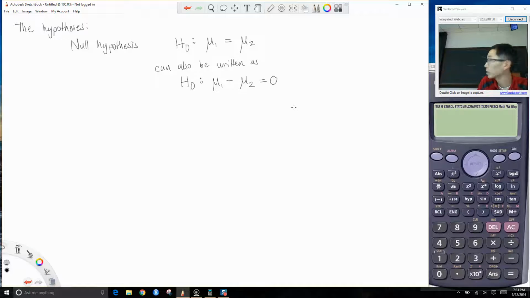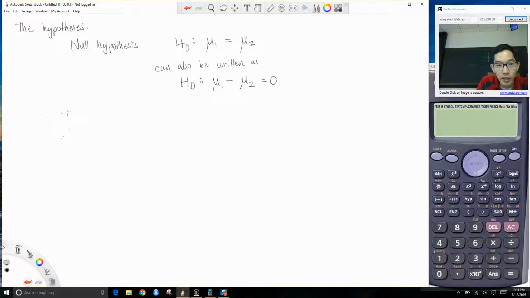We can also write it this way, okay? Basically just using algebra to move terms around, we can say that the difference between them is 0, that there's no difference between the mean of population 1 and the mean of population 2. We're effectively saying the same thing, okay? So that's the null hypothesis. The null hypothesis says we're going to assume that the two populations have the same mean, okay?